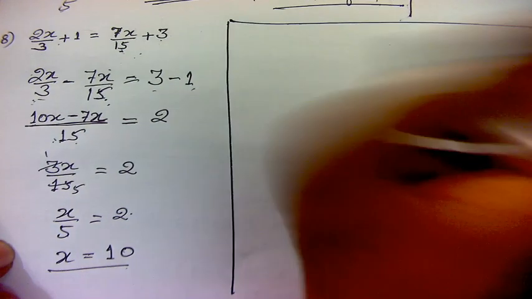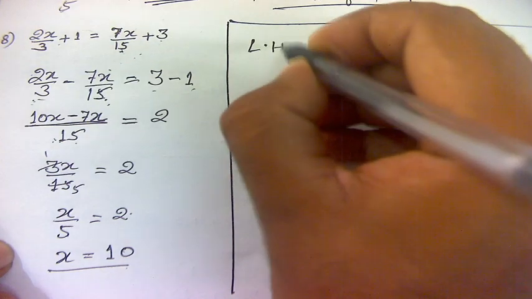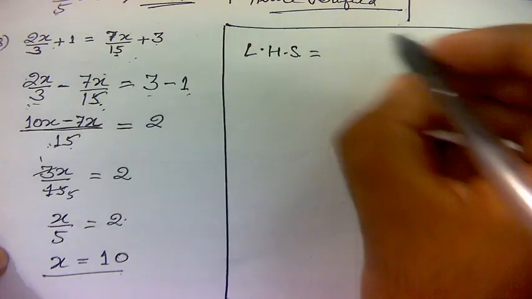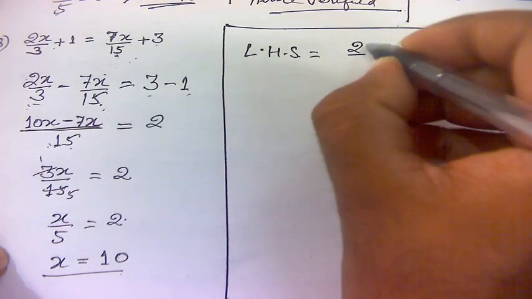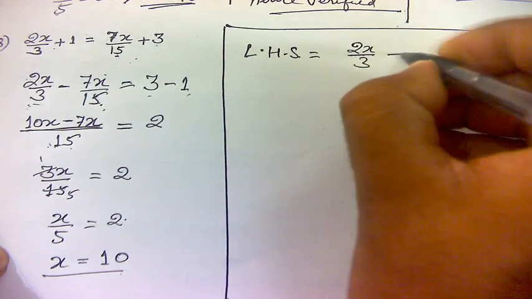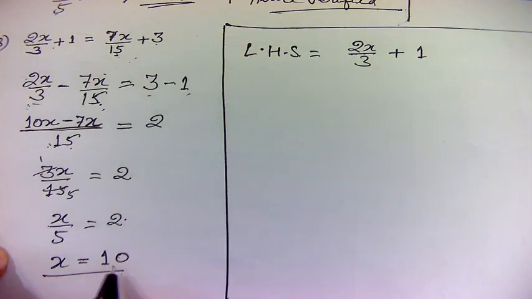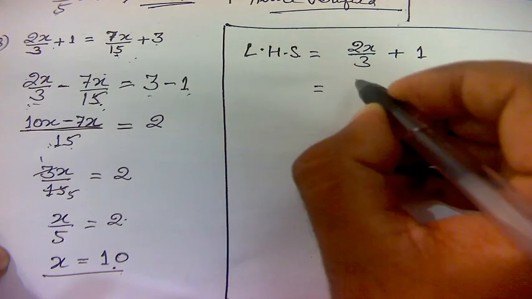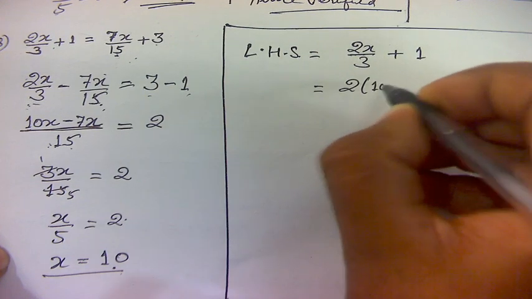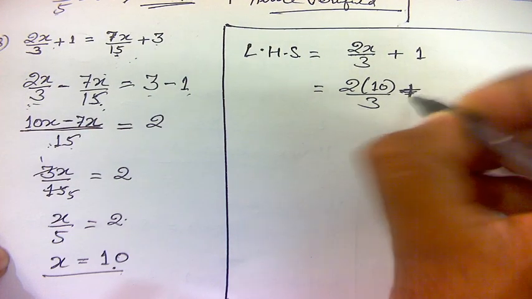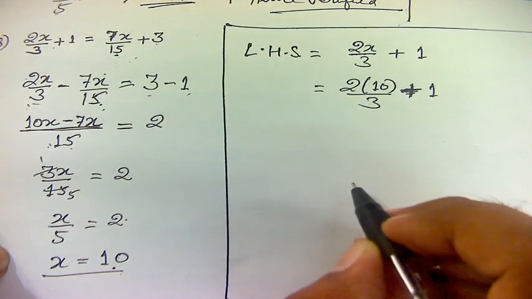Now let's move towards the verification of it, that is with left hand side. Now left hand side is 2x upon 3 plus 1. What we will do? We will substitute the value of x as 10. So this becomes 2 multiply 10 upon 3 plus 1.